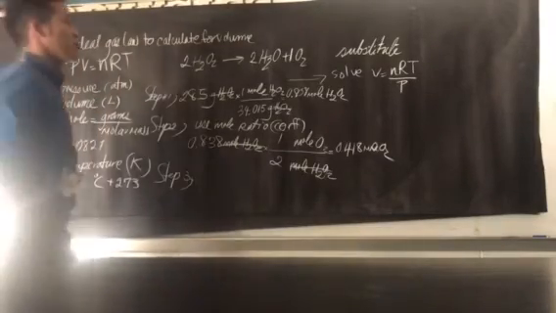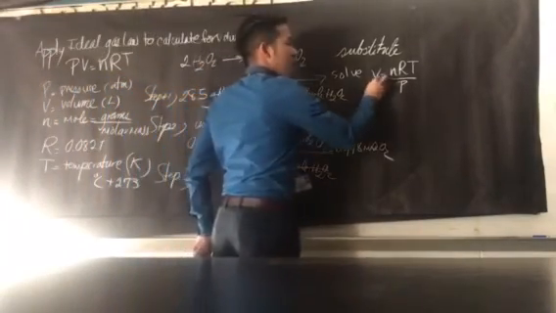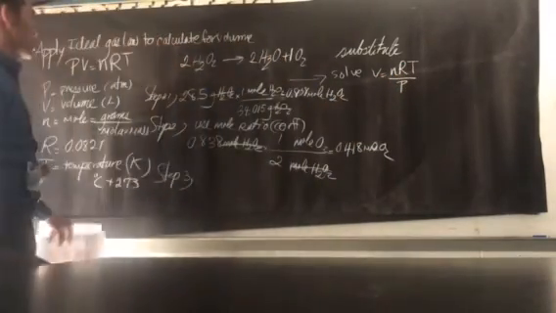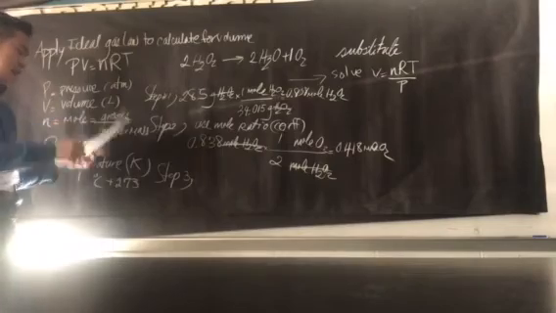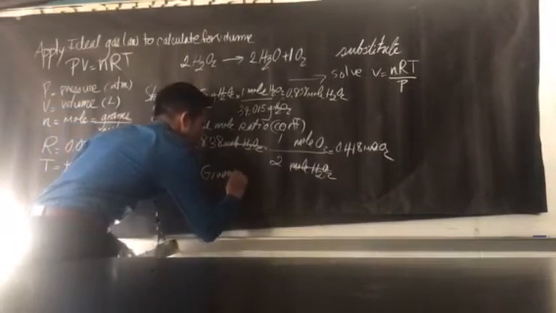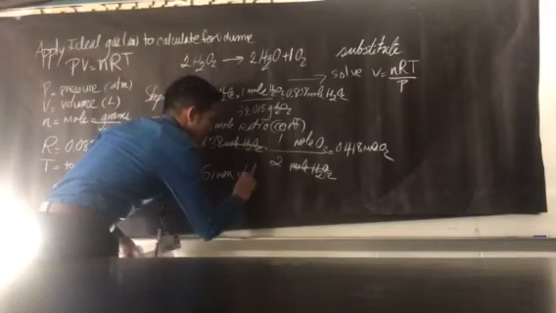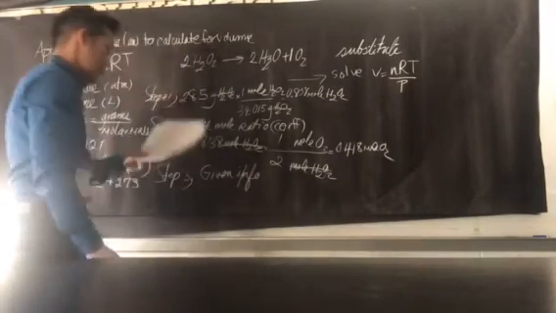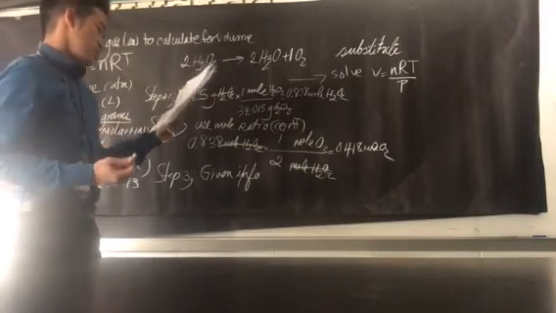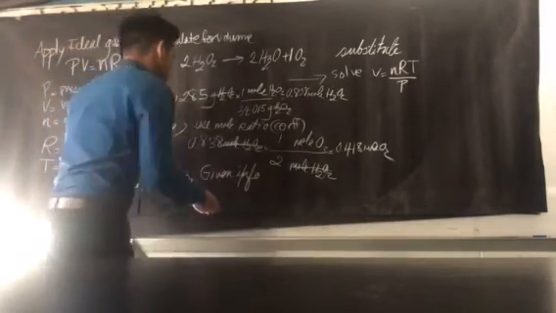Once we get the moles, in order for us to calculate the volume, we know the moles, but let's look at what's given from the question. The question itself will tell us that, so I'm going to write it down: given info. So you are given info about the temperature, which is 15.